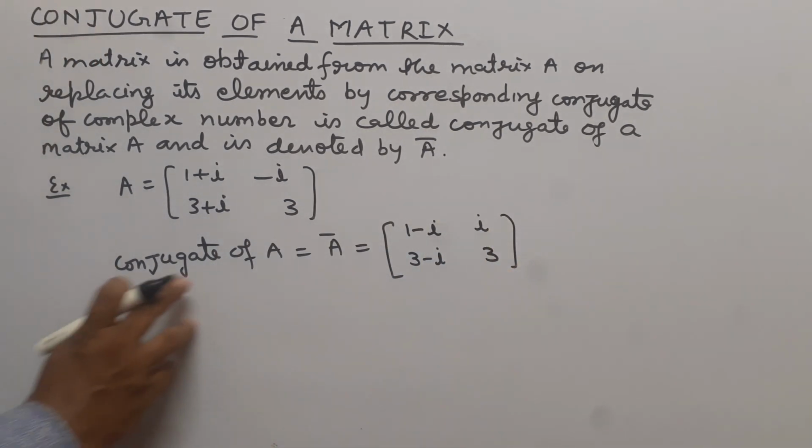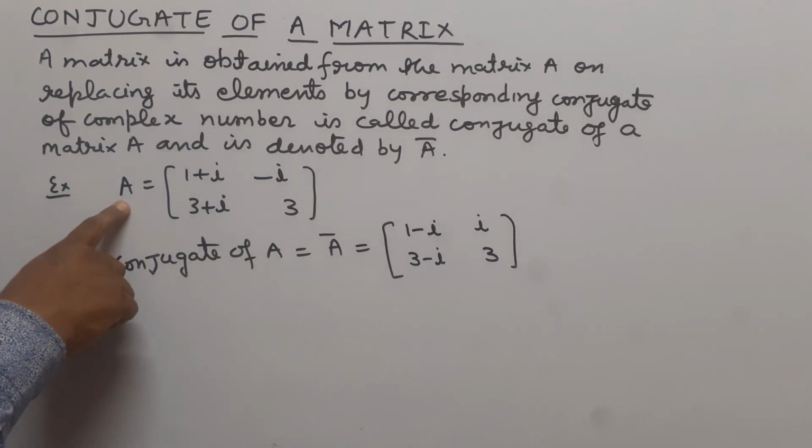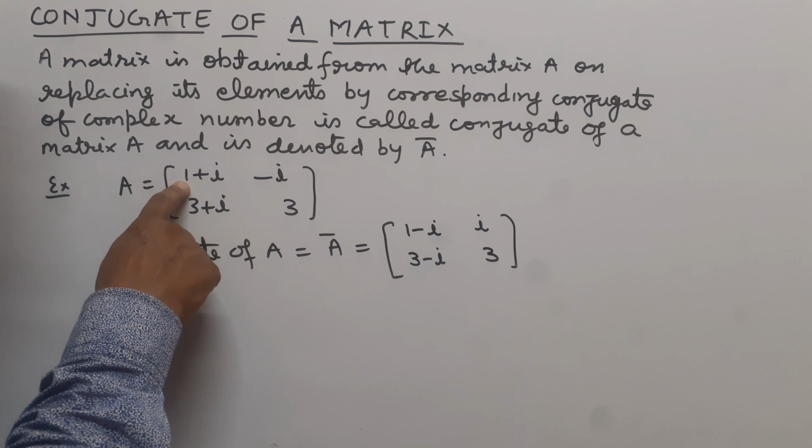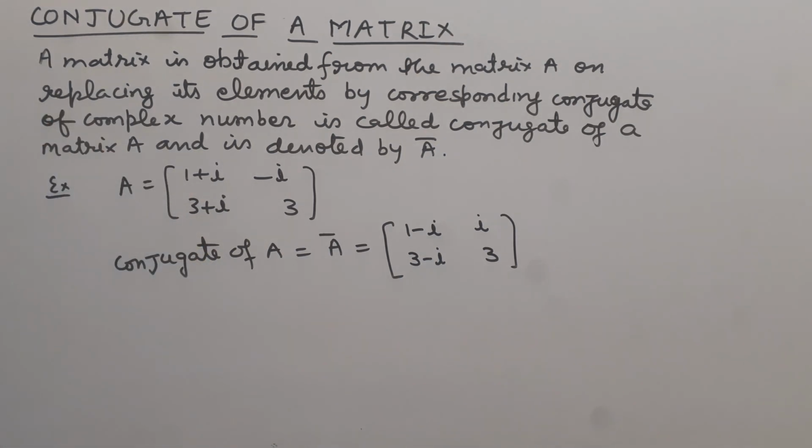So the conjugate of matrix A is obtained from matrix A by replacing its elements by the corresponding conjugate complex numbers.